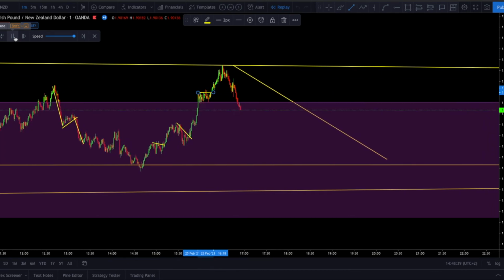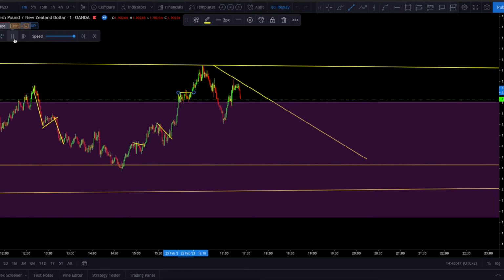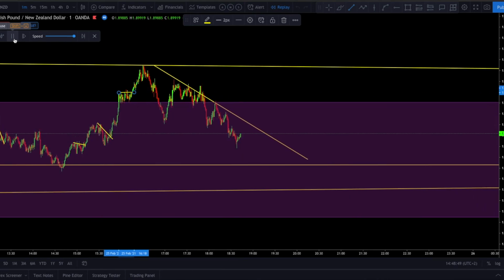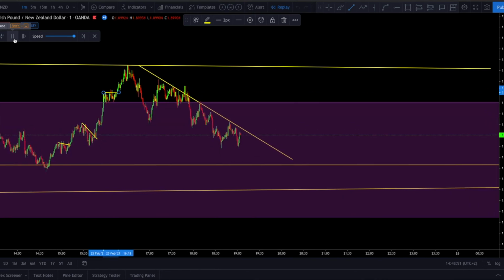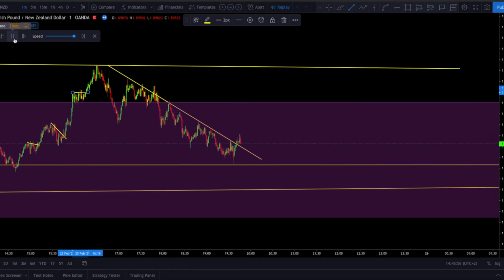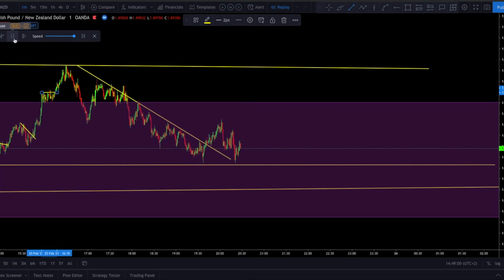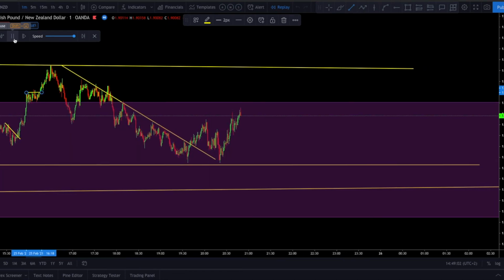Okay, I was supposed to delete these trend lines actually, because now it looks like we are cheating, because we already see where it's going to go. But anyways, that's not the point. The point is to show you how to spot these things.